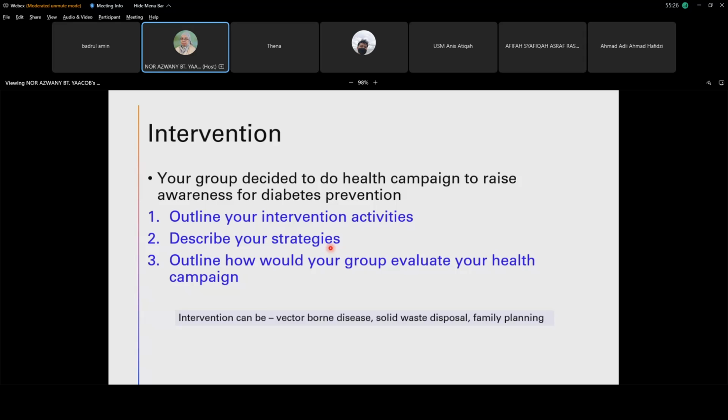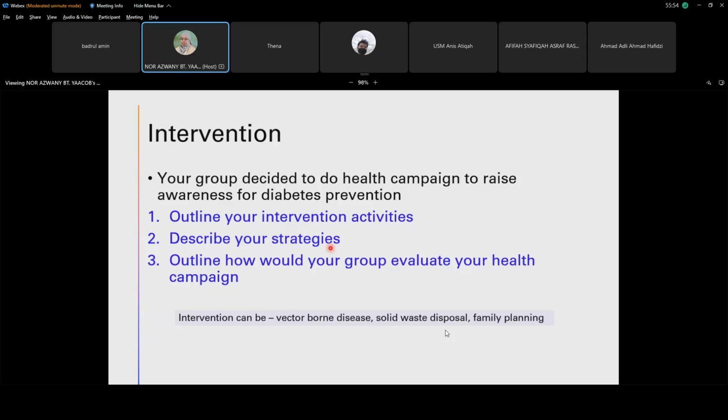So the scenario can be whatever. It can be diabetes, hypertension, smoking, obesity. It can be a vector-borne disease like dengue. Previous groups did solid waste disposal, so they did a recycling campaign. Another group did family planning, so they gave a talk on family planning and methods of contraception.